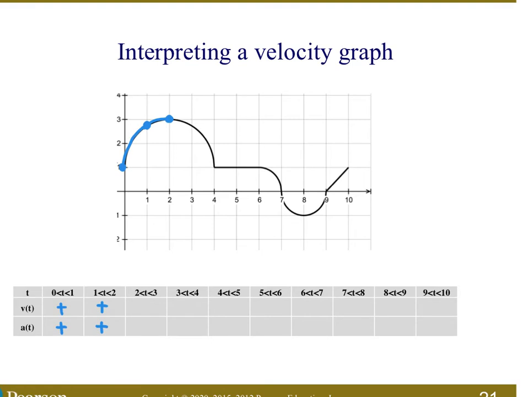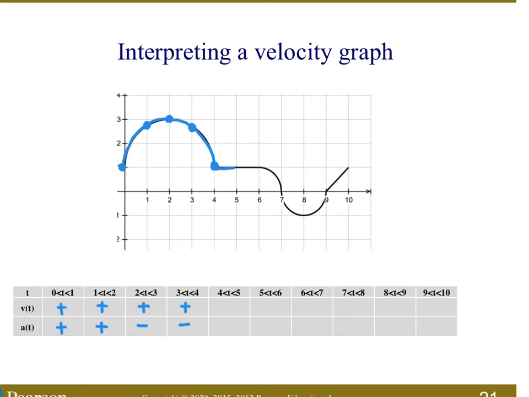Then we'll go from 2 to 3. It is still above the x-axis, but it has negative slope, so something changed. And then from 3 to 4, it is still above the x-axis, and it still has negative slope.